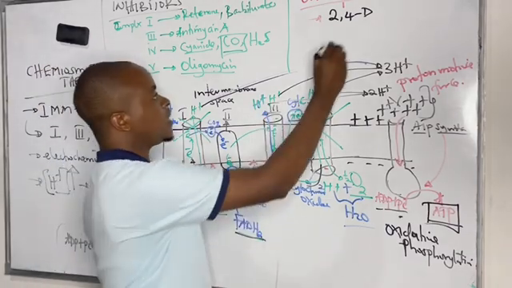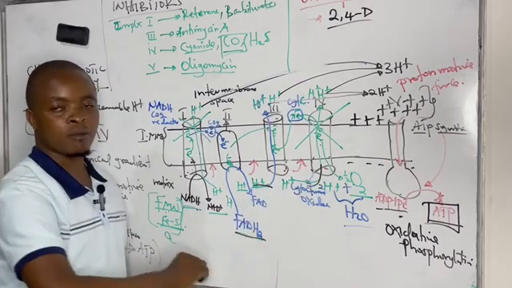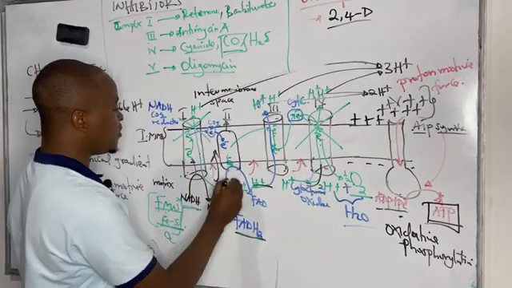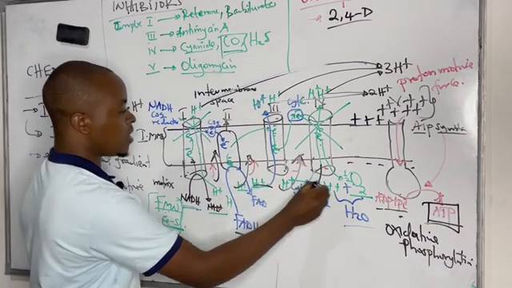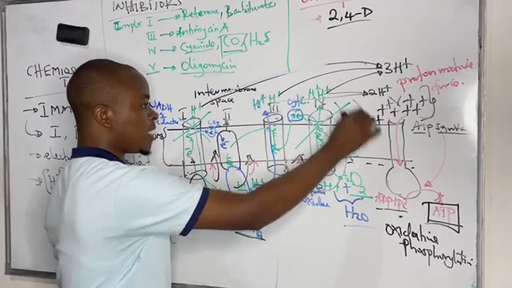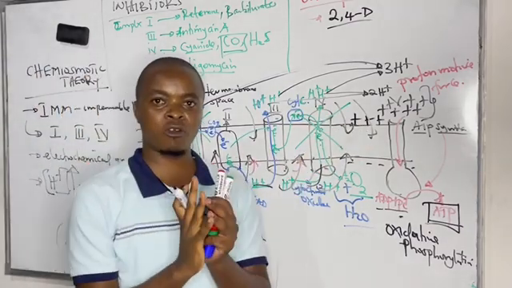So this one, when taken, may cause the inner mitochondrial membrane to become permeable to protons. So we see protons moving uncontrollably everywhere. Protons move outside and can come back inside, so we cannot maintain the electrochemical gradient.